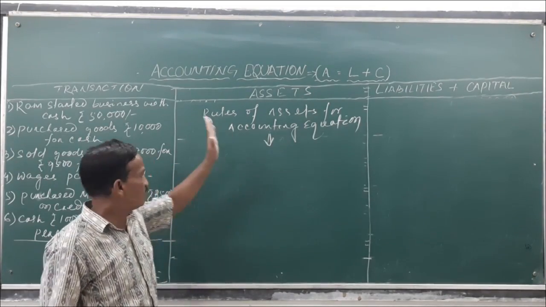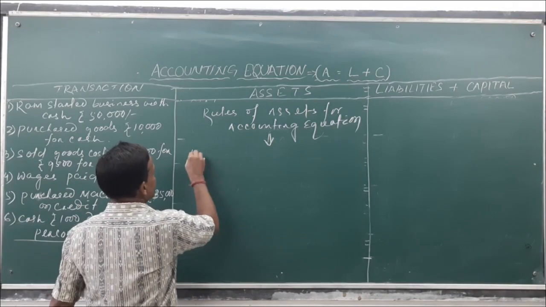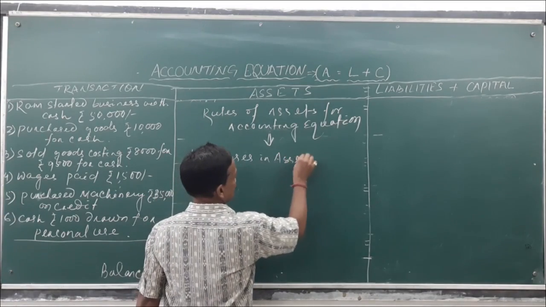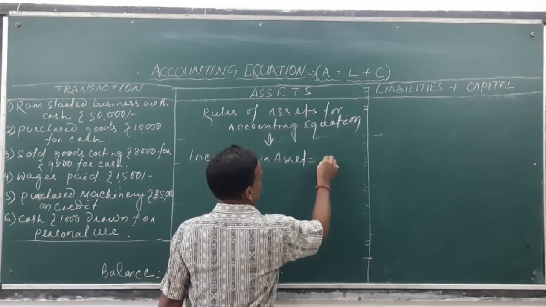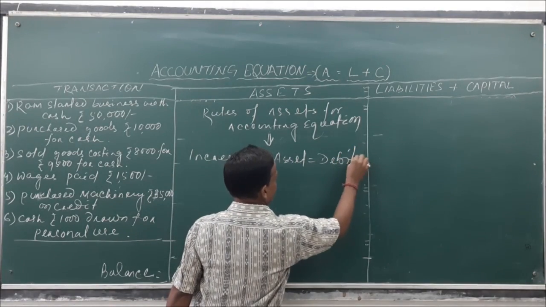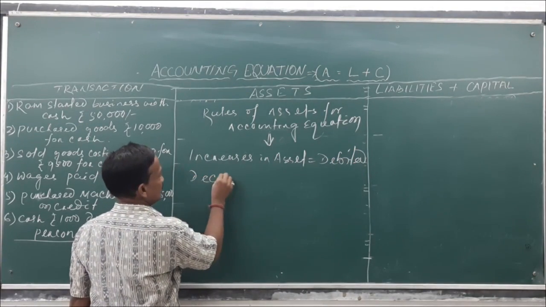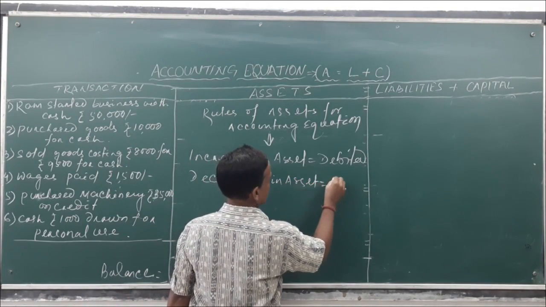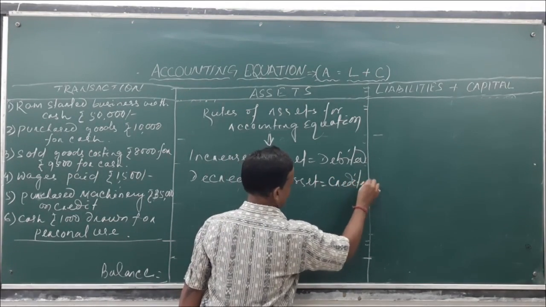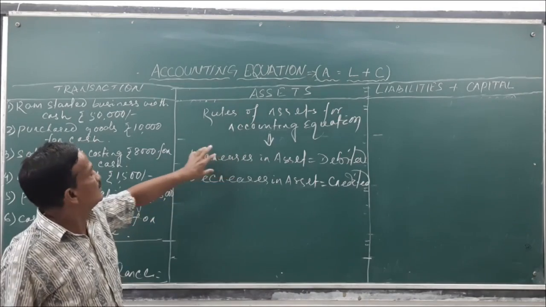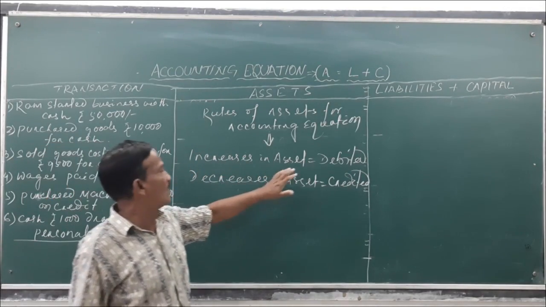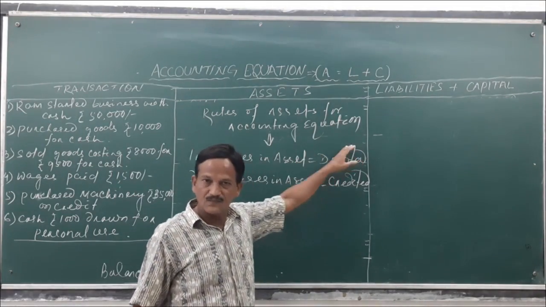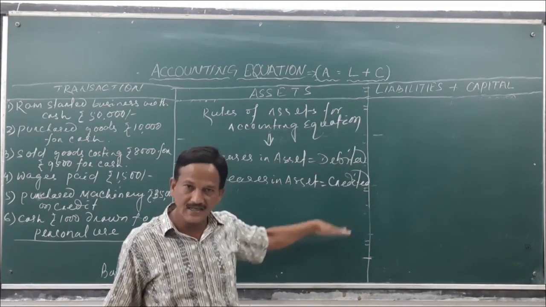So there are the rules we have seen: increases in assets is debited, decreases in assets is credited. So from the accounting equation we know the basic accounting rules, that is, increases in the asset is debited, decreases in the asset is credited.